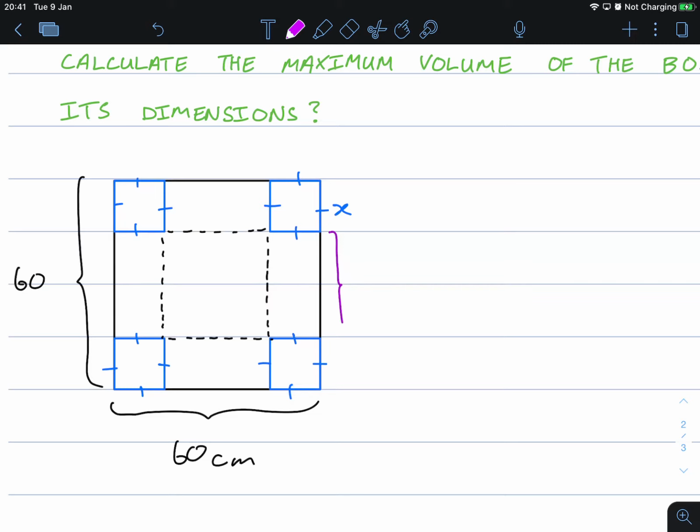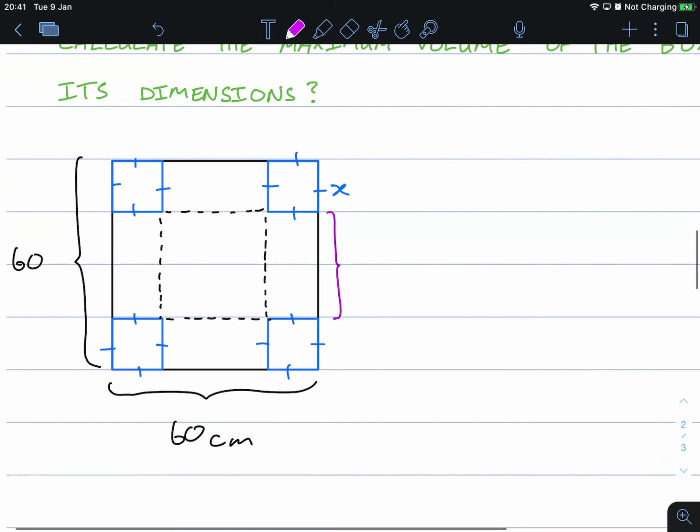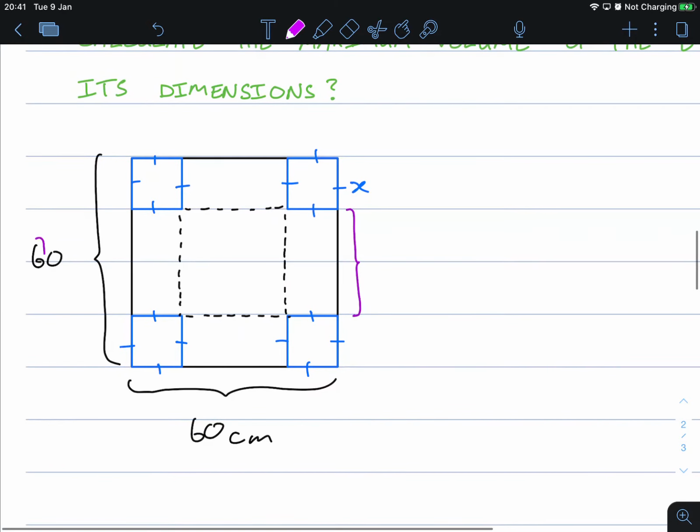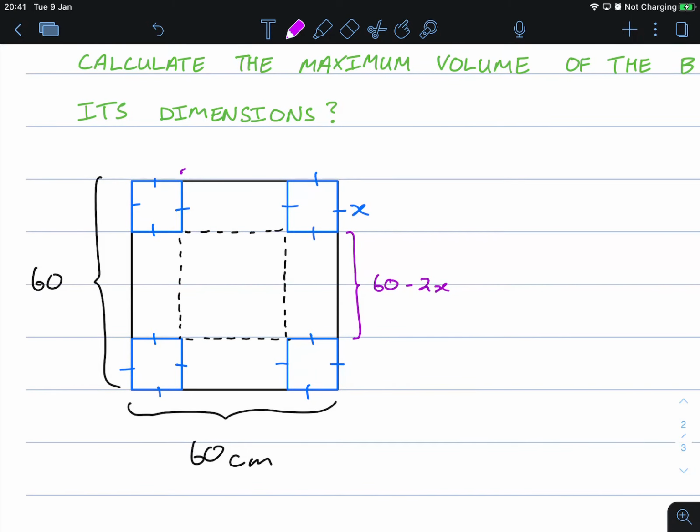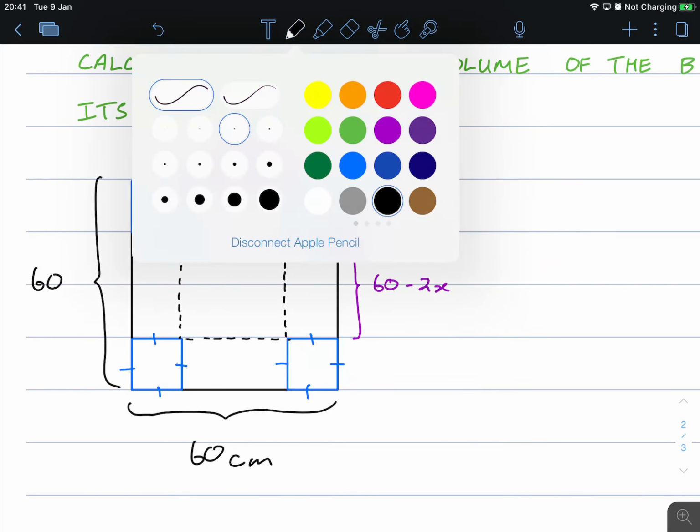This length here is actually this entire length minus 2 lots of x. So it's 60 take away 2x. That's also the same for this side here, and actually all around this square here.